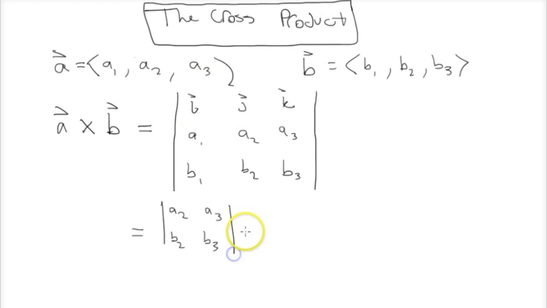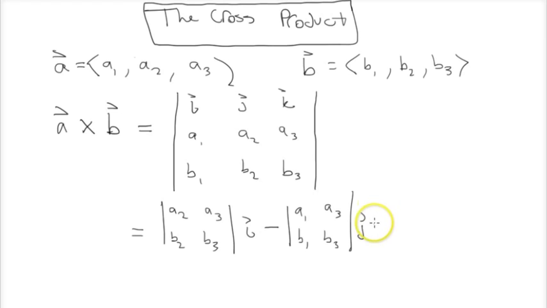So we take the determinant of that matrix times i, then we subtract, and we imagine these two columns get fused together, and we take the determinant of that matrix. So we have column A1 and B1, and then A3 and B3.